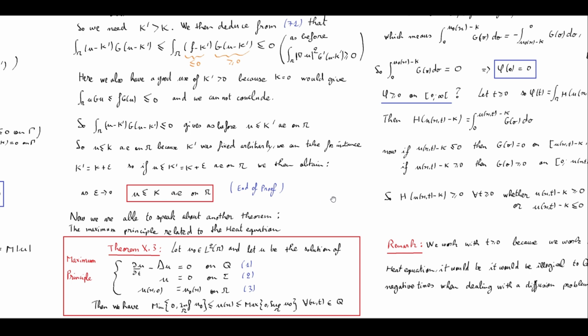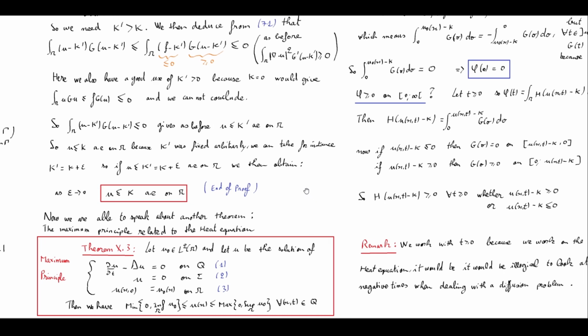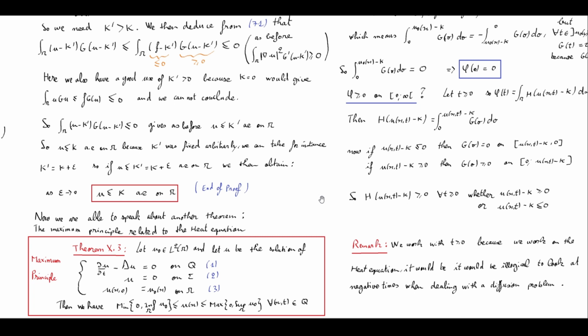It says that if we take the initial condition u0 in L2 of Omega and let u be the solution of our equation, the heat equation, then we have the minimum between 0 and the infimum of u0 on Omega is smaller or equal to u, which is smaller or equal to the maximum between 0 and the supremum of u0 on Omega, for all x and t in Q. Q is our cylinder, Sigma is the boundary of our cylinder, and Omega is the base of our cylinder.